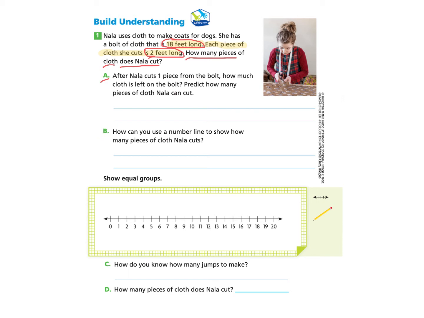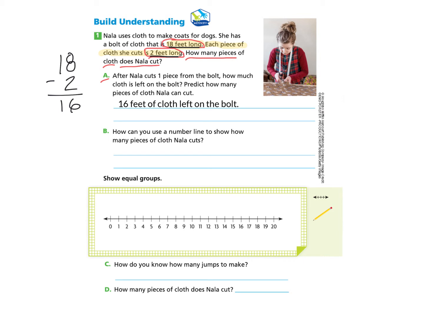Well, we start with 18, because they tell us that it's 18 feet long. And then she's going to make one cut, which would be 2 feet. So we could subtract 2 from 18. And when we do that, we get the number 16. There's 16 feet of cloth left on the bolt.